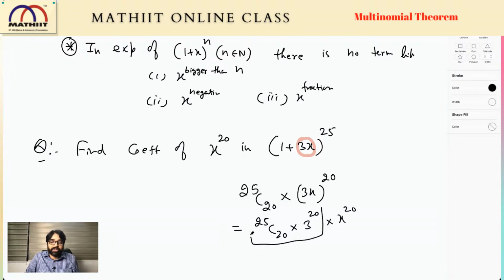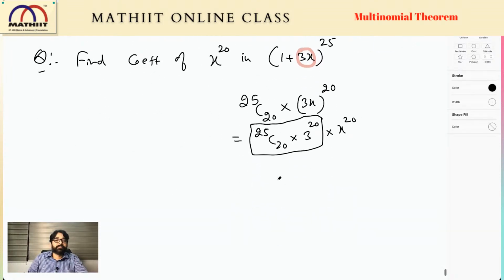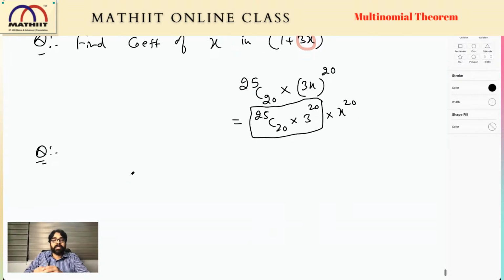This is the coefficient. This is called the coefficient of x power 20, the product whatever is coming, that is the coefficient. Everyone clear? If anyone has difficulty, please let me know. Slowly we are entering into the coefficient method. Till here clear, everyone? Please confirm.